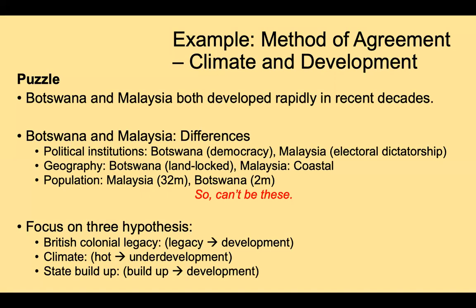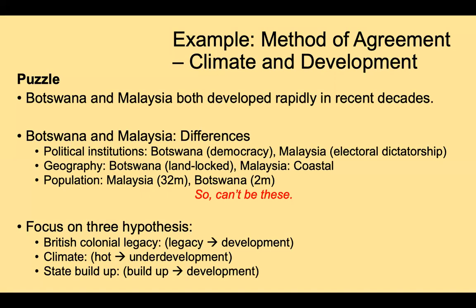Some states have engaged in this thoroughgoing reform and others have not. And we might hypothesize that those states that have built up their states in their executive bureaucracies should be more likely to develop since those organizations promote development as their core function. So these will be the 3 hypotheses that we test.